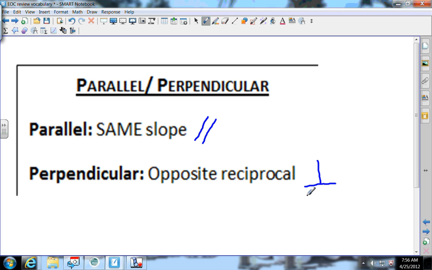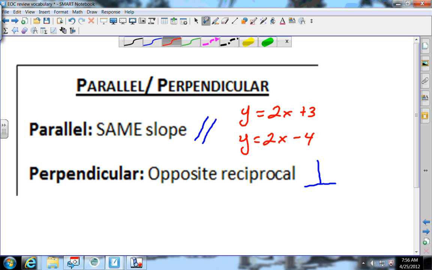Okay. So we have these here. If we're talking about parallel, we have, for example, these two lines. These two lines are going to be parallel because the slopes are the same, and I highlighted them right now.